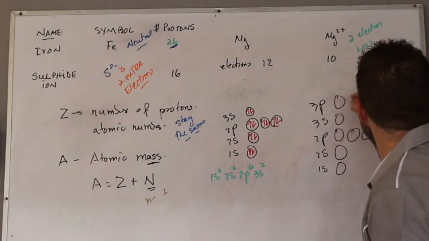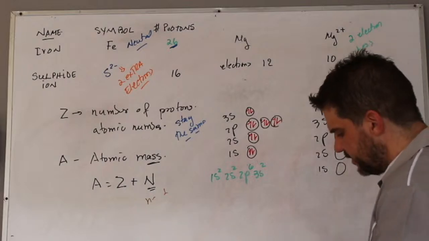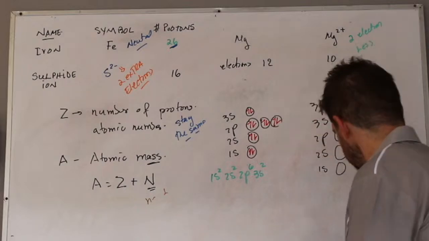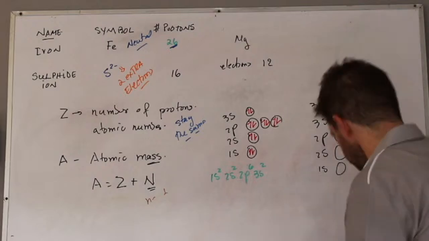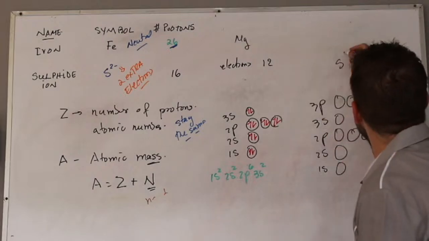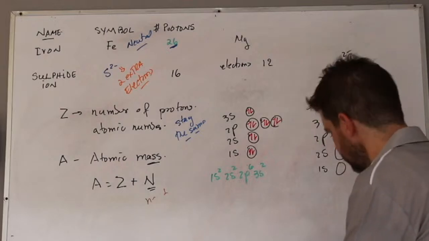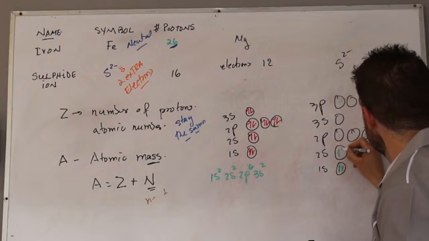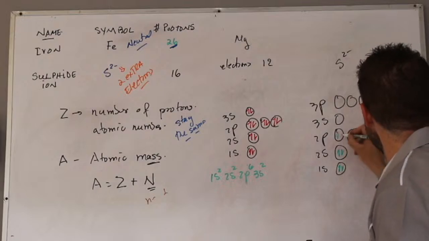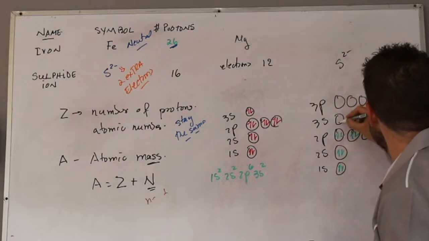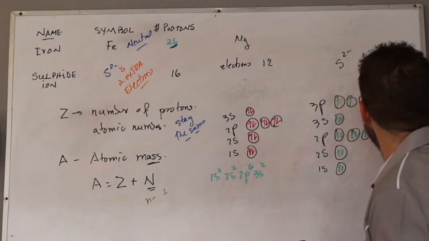Let me see. It is how many? 18. This one is for sulfide. Let me clean this one, don't make a mistake. There we go. This one is for S 2 minus. So we have 18. So it's 1, 2, 3, 4, 5, 6, 7, 8, 9, 10, 11, 12, 13, 14, 15, 16, 17, and 18.